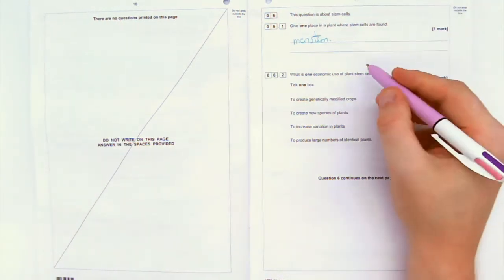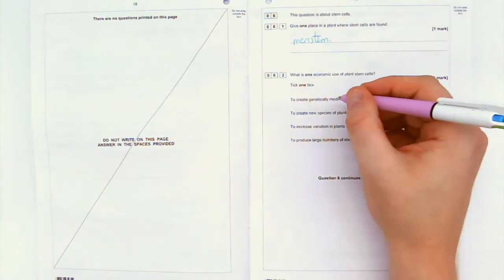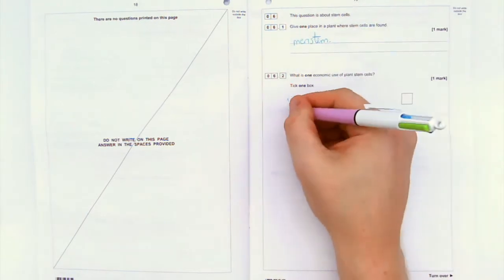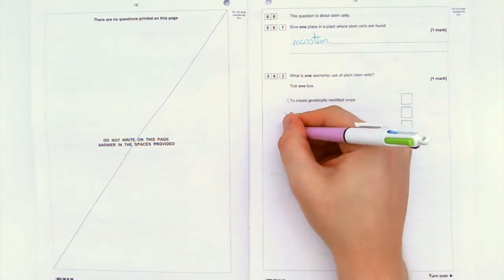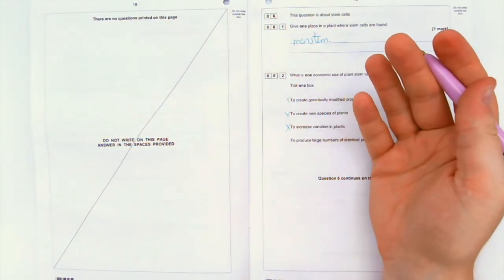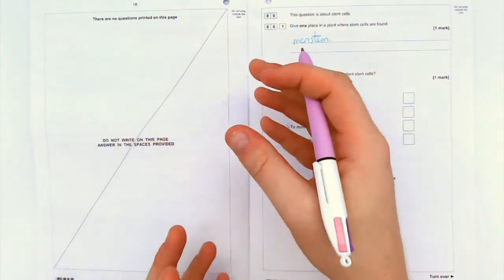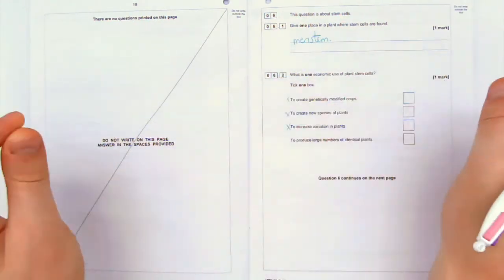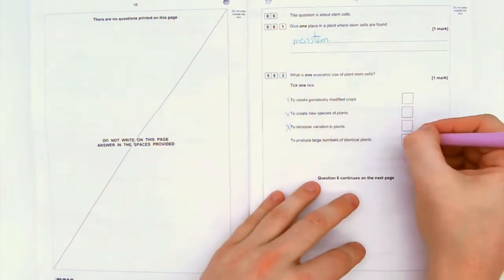Well, to create genetically modified crops, that's a different process, so it's not going to be that one. To create a new species of plant, while I'm keeping the genetic information the same. To increase variation, again, I'm keeping that genetic information the same. Produce large numbers of identical plants, yes I can, because I can grow those stem cells, and then I can take cuttings and I can make a large number of identical plants.